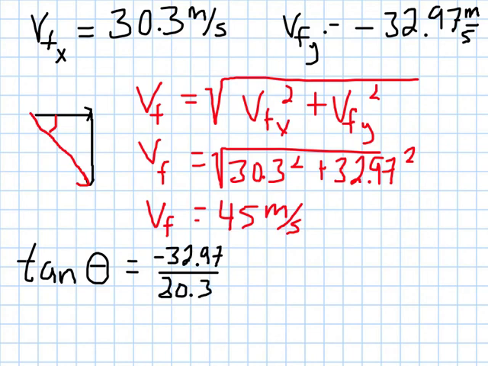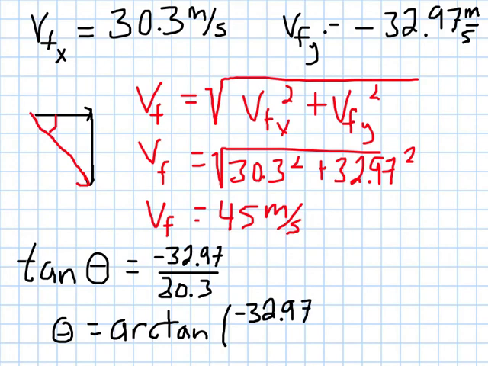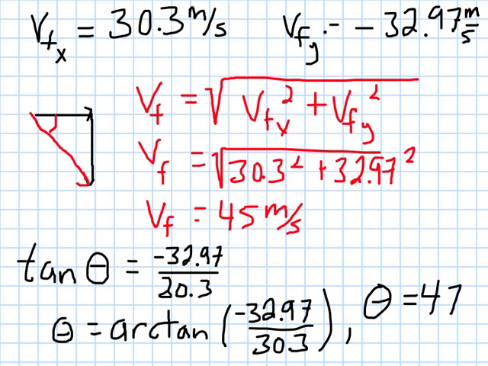So to find the angle, I'm going to take the arctangent or inverse tangent. And that is going to lead to calculating an angle of about 47 degrees. And it comes out negative, and that's because we're measuring the way I've drawn it.